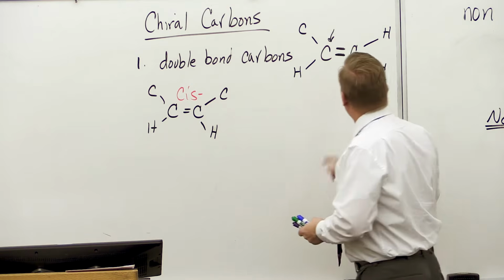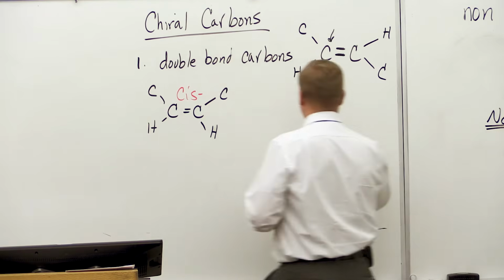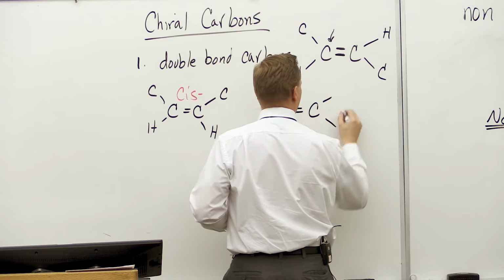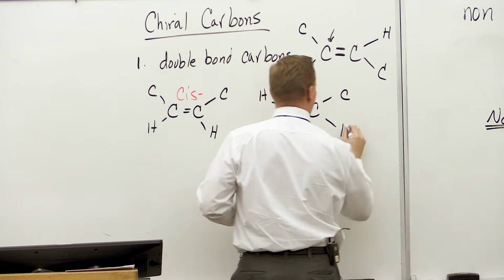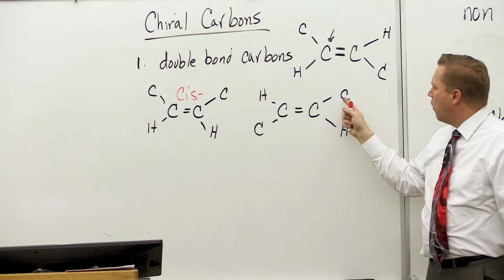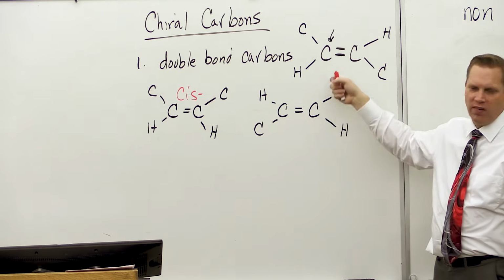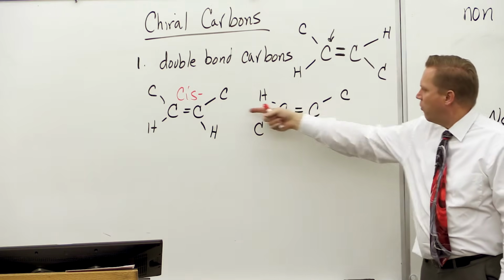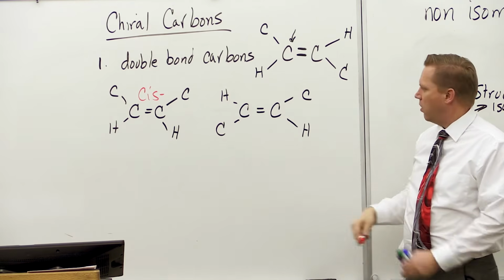The other orientation that you can have is what I've already drawn up here. And in this orientation, now we have the two carbons on opposite sides. This carbon is on top, this carbon is on the bottom of the double bond. If we were to draw a line through that double bond, one carbon's on the top, one carbon's on the bottom.